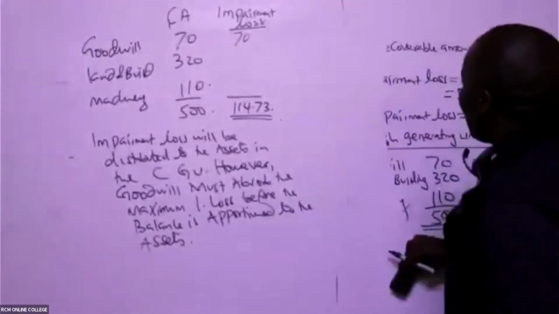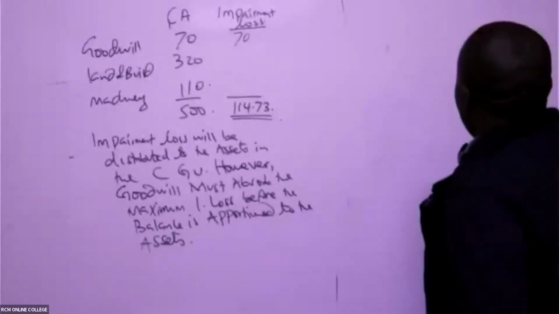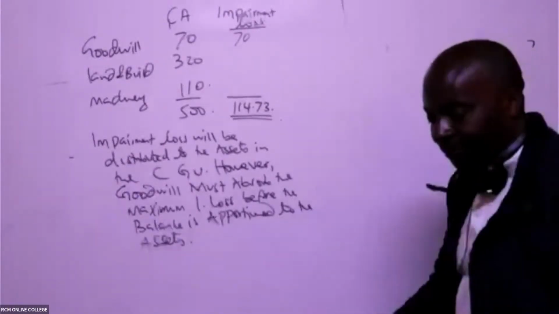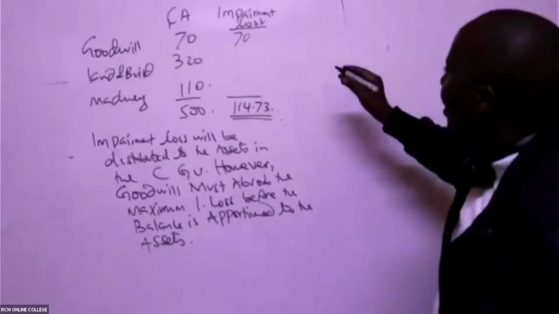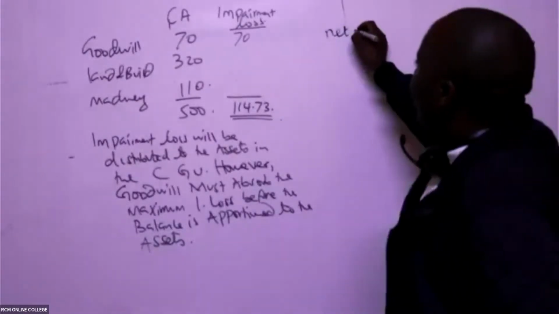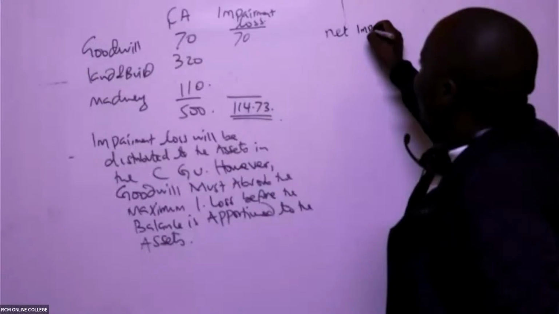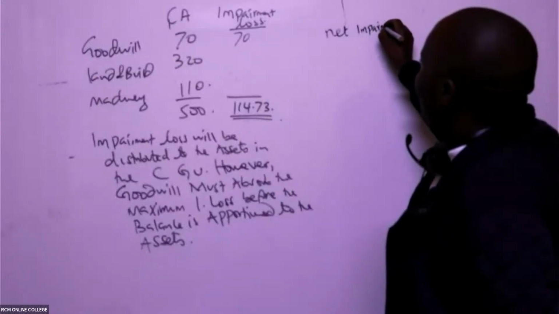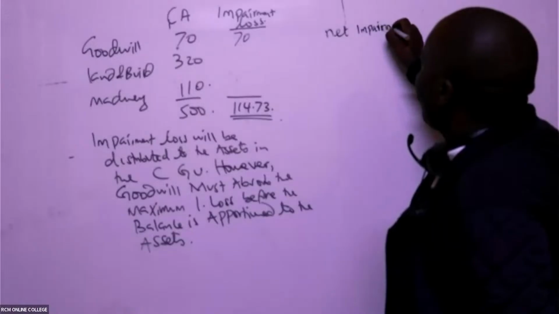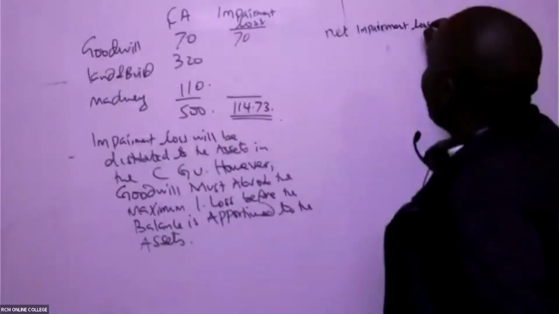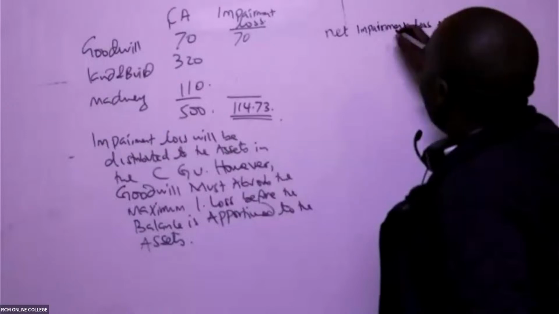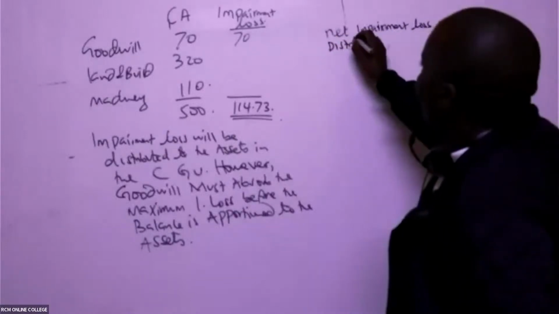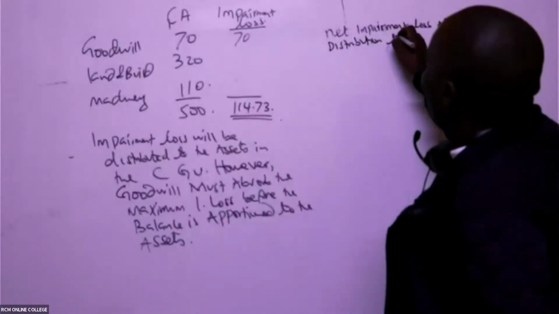So what is, ladies and gentlemen, the impairment loss balance? Net impairment loss after distribution to goodwill.